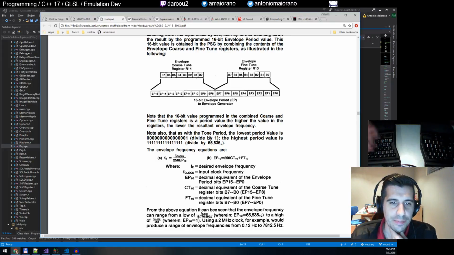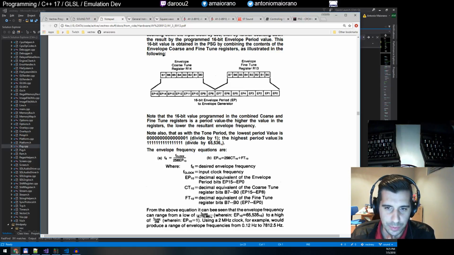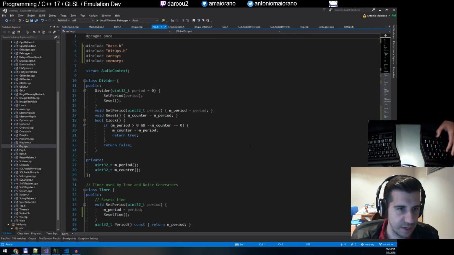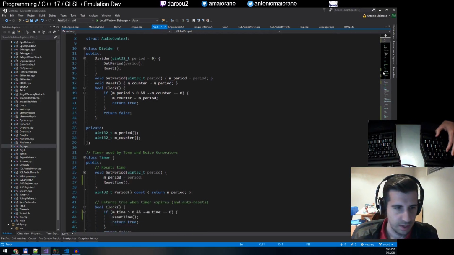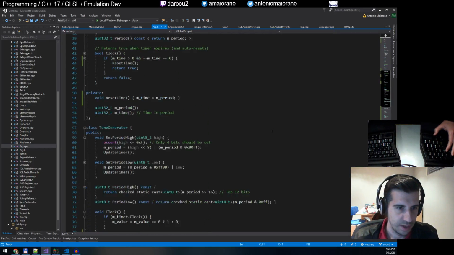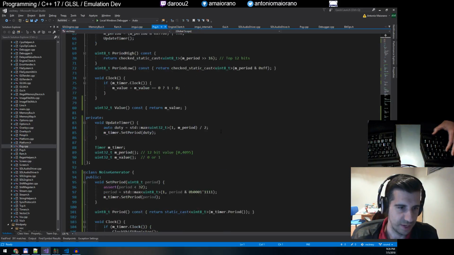So note that the 16-bit value programmed in the combined coarse and fine-tune registers is a period value, right? So the same as usual. It's also how it works with the tone period. The lowest period is 1, and the highest period is this. So most likely I'll just be using a timer, similar to how I did it in the other two.